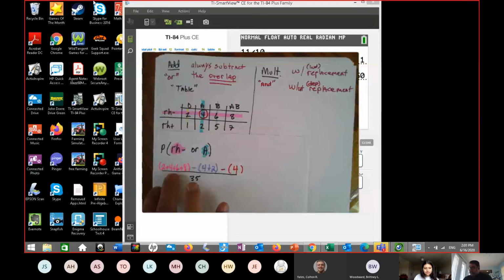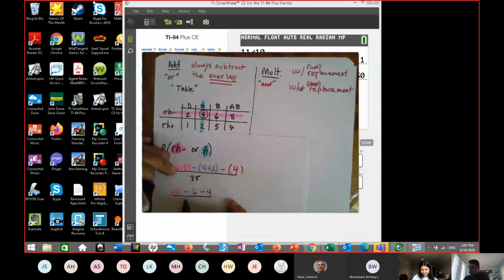4 plus 6 is 8, that's 20. So we're going to get 20 minus 6 minus 4, all over 35. 20 minus 6 is 14. 14 minus 4 is 10.